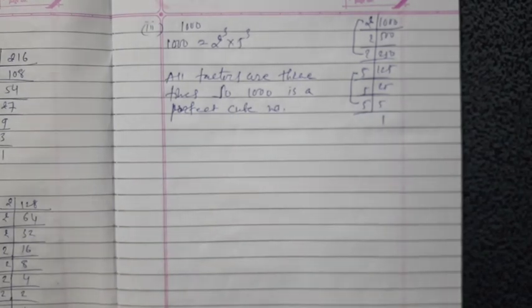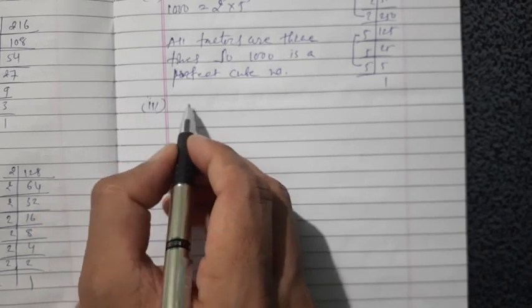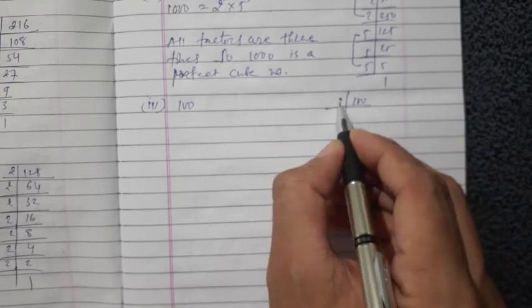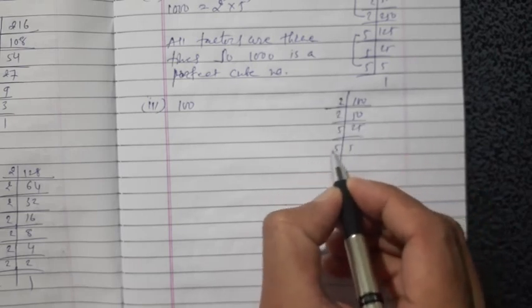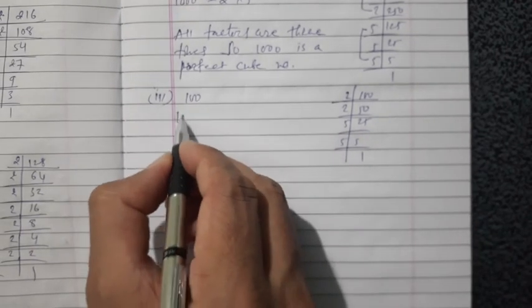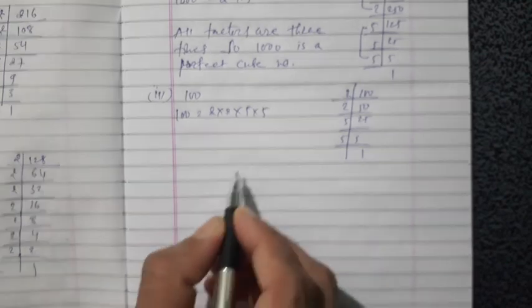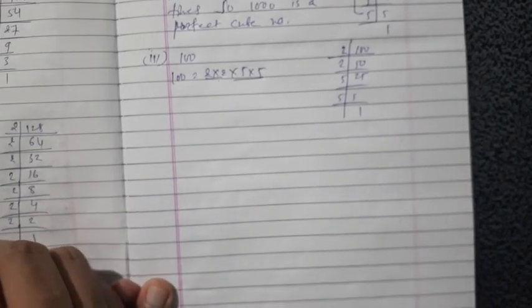Next, the fourth one, that is 100. Factorize 100: 2 50, 2 25, 5 5 and 5 1. So 100 equals 2 into 2 into 5 into 5. Here a group of 3 for 2 and 5 is not there.